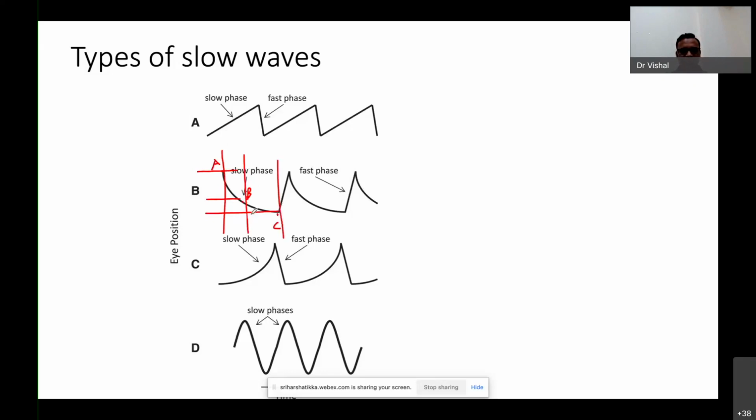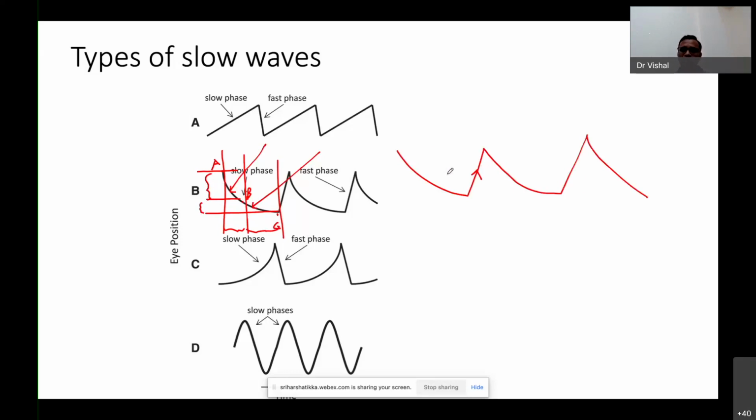Almost equal time is taken, but the distance covered is greater here as compared to here. So the velocity is faster in this phase as compared to this phase, and the second one is slower. So it is exponentially decreasing slow phase velocity. But again, this is a right beating nystagmus, beating towards the right side.